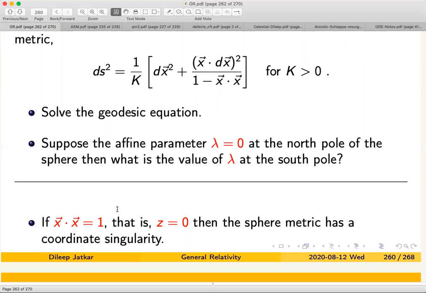So at z equals 0, or x dot x equals 1, the metric seems to be singular. What one wants to check is whether the singularity of the metric is a real singularity or whether it is just a coordinate singularity. By coordinate singularity, I mean that you can change the coordinates and show that nothing special has happened at that point.